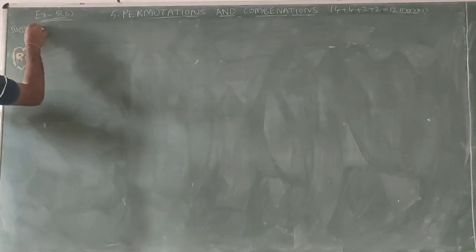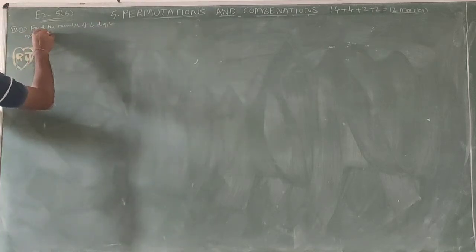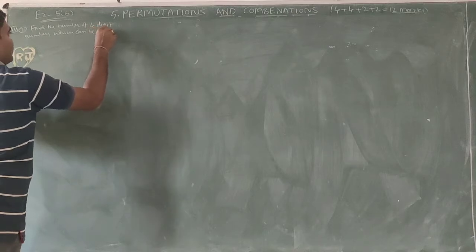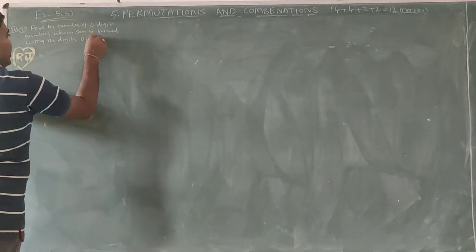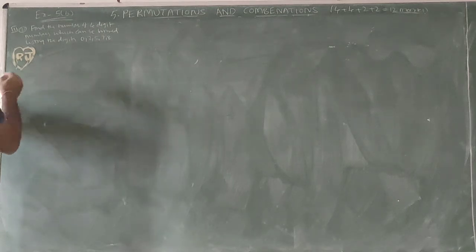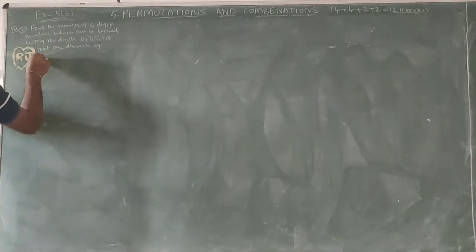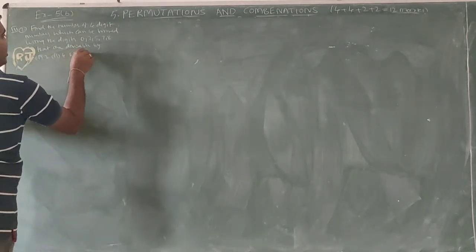Second question. Find the number of 4-digit numbers which can be formed using the digits 2, 5, 7, 8 that are divisible by first one 2, second one 4, when repetition is allowed.